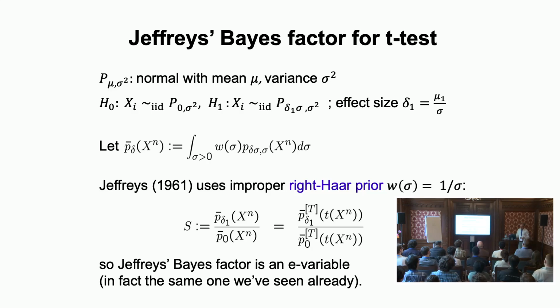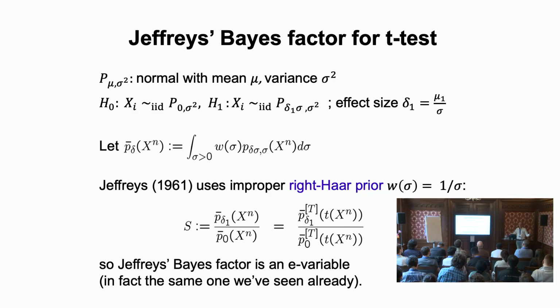Now the miracle is that this is the same thing I showed to you, where I said divide all data points by the first data point and use a likelihood ratio test. It's the same. So you can put this 1 over sigma prior on W. Our theorem, you can apply it to this, and it tells you it's the optimal e-variable, and it turns out to be exactly equal to this earlier e-variable I gave to you. So that's really nice.